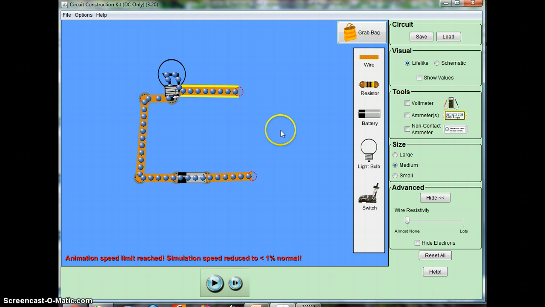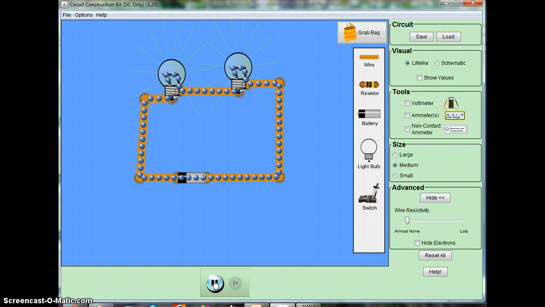Alright, so it has to connect on the tip and the side. Got another light bulb in here. Alright, so we've got kind of a simple series circuit here. Connect that out. And then if you push play, you can see that the light bulbs light up and you can actually see the electrons moving through the wire.